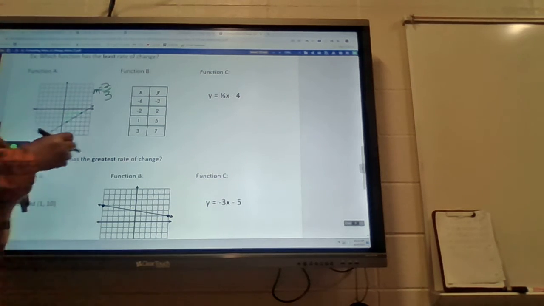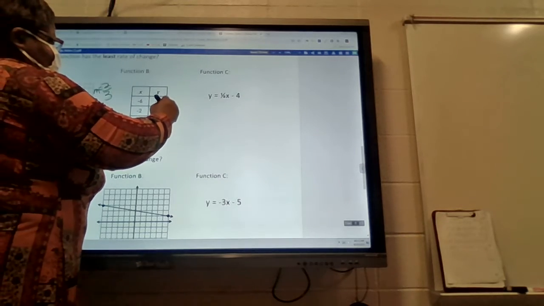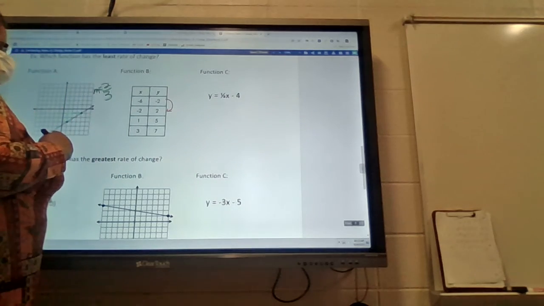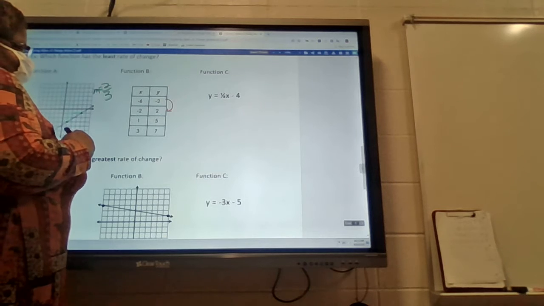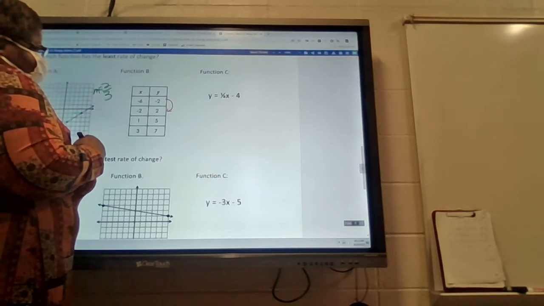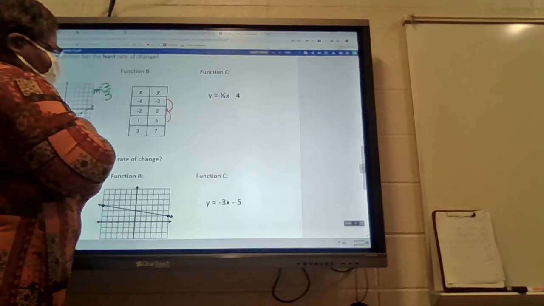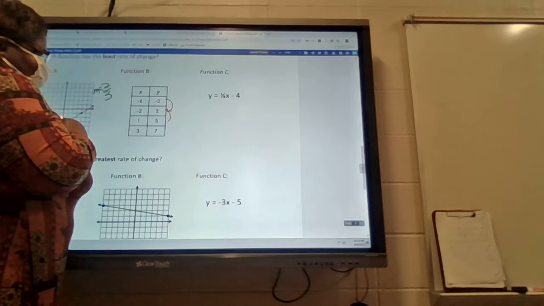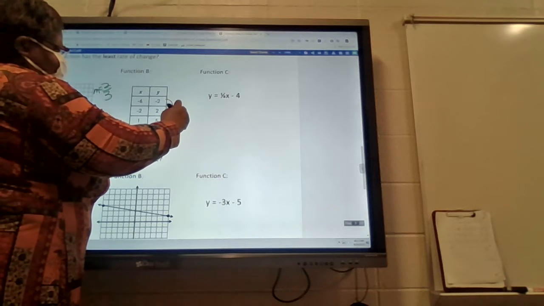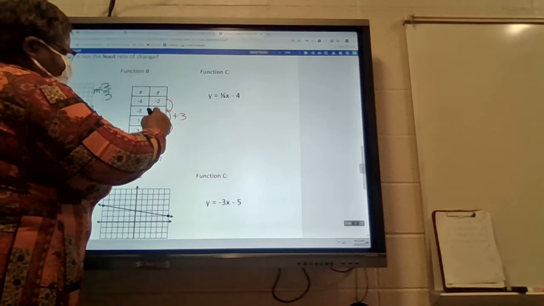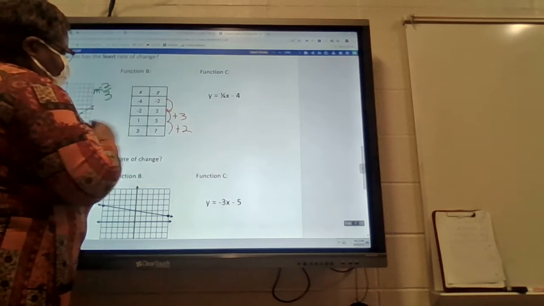Now, let's do this one. So from here to here, can we tell how much we're adding? Well, we're missing a number there. Let's go from here to here. That looks like a 3, right? Here to here, plus 2.